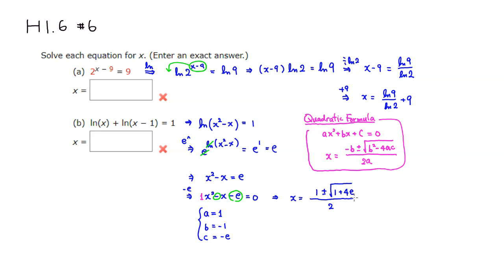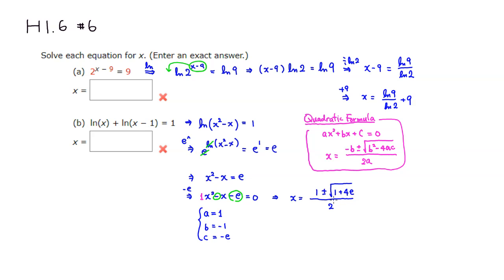But we have to be very careful, because the original equation has a natural log of x. Natural log of x cannot take a negative value or 0, so we cannot plug in negative values. There are two choices: 1 plus the square root of 1 plus 4e over 2, or 1 minus the square root of 1 plus 4e.